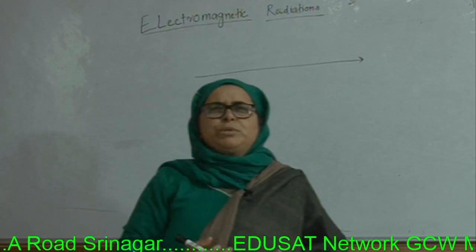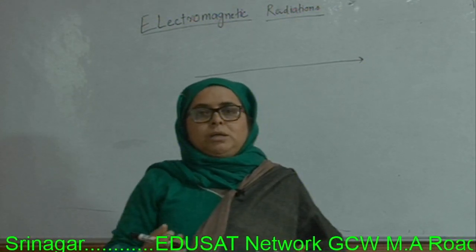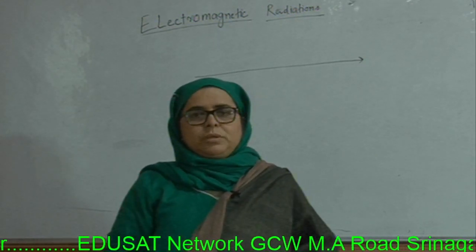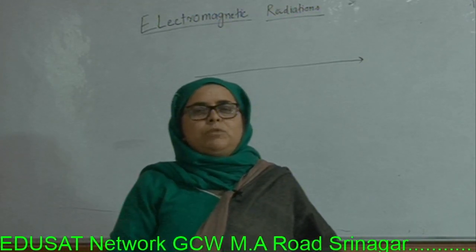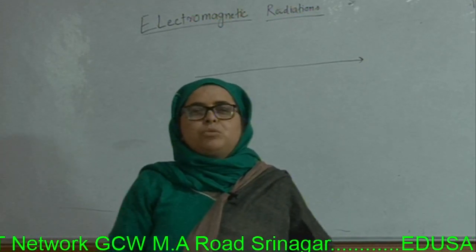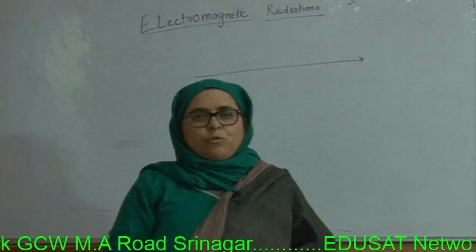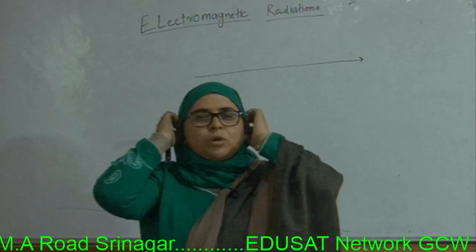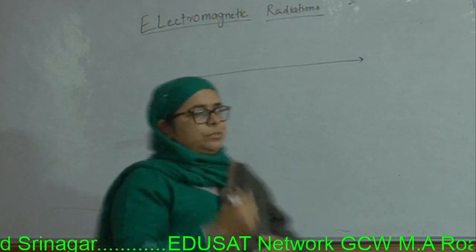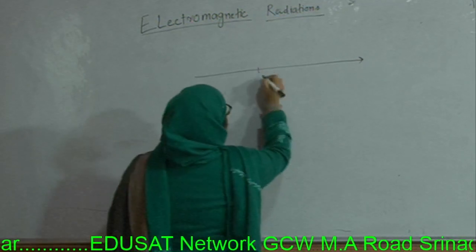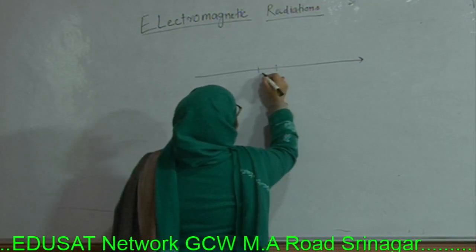Let us start with something that we encounter daily, or what we are aware of. Let us talk about visible range first. Visible range is a part of this electromagnetic radiation. This is our visible range.